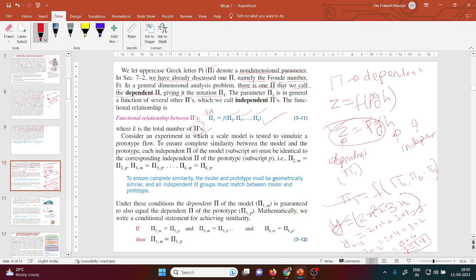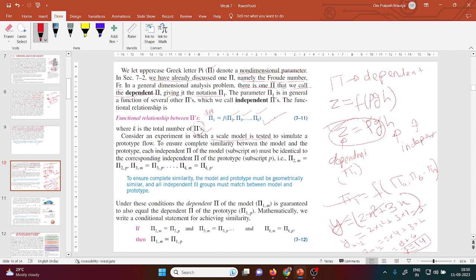Consider an experiment in which a scale model is tested. Let's say I want to model an experimental aeroplane. An aeroplane is a big thing, but I want to modify the wing of the aeroplane.